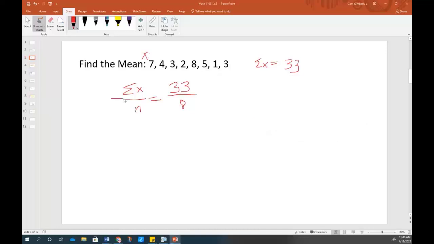Now the symbol for the mean, which is going to show up on another slide, is x bar. So if you see an x bar, it's like taking your x's and actually doing this math with them. So mean is one of our very, very common measures of central tendency, where we just add the values and divide by how many there are.